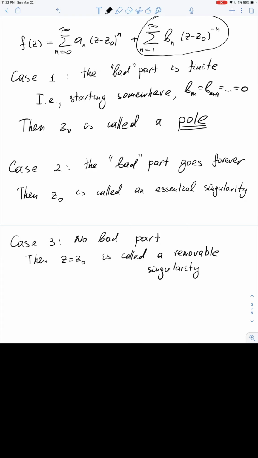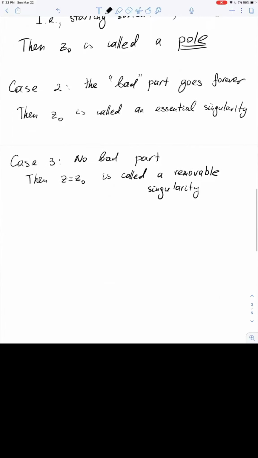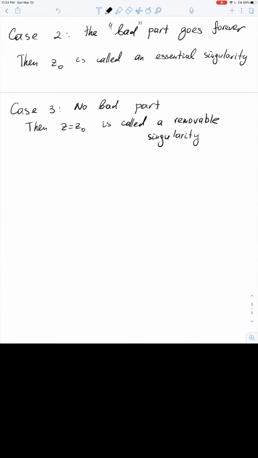So this case 3 is basically a notational issue. Theoretically we could just state that the domain of f is this circle without z0, but if we write f as a Laurent series and realize that there is no negative part, no bad part, then we can just define f at z0 to be a0 from here. And then we kind of remove this singularity.